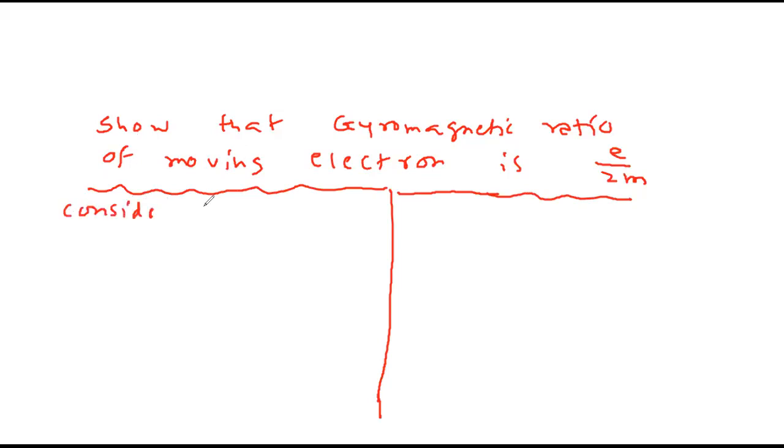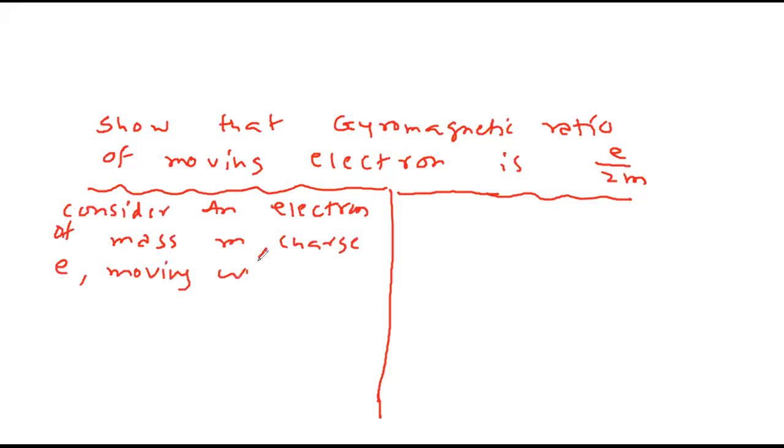Consider an electron of mass m, charge e, moving with velocity v.